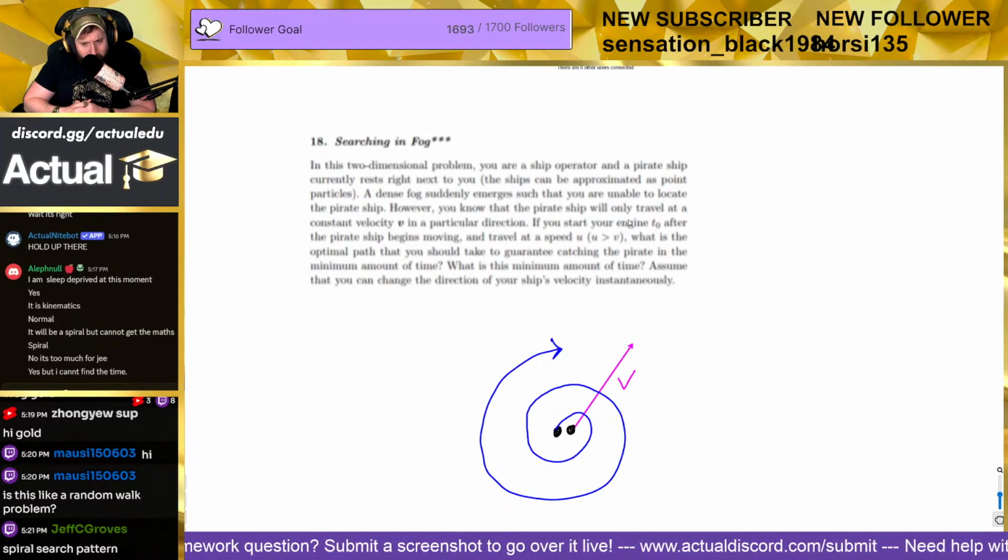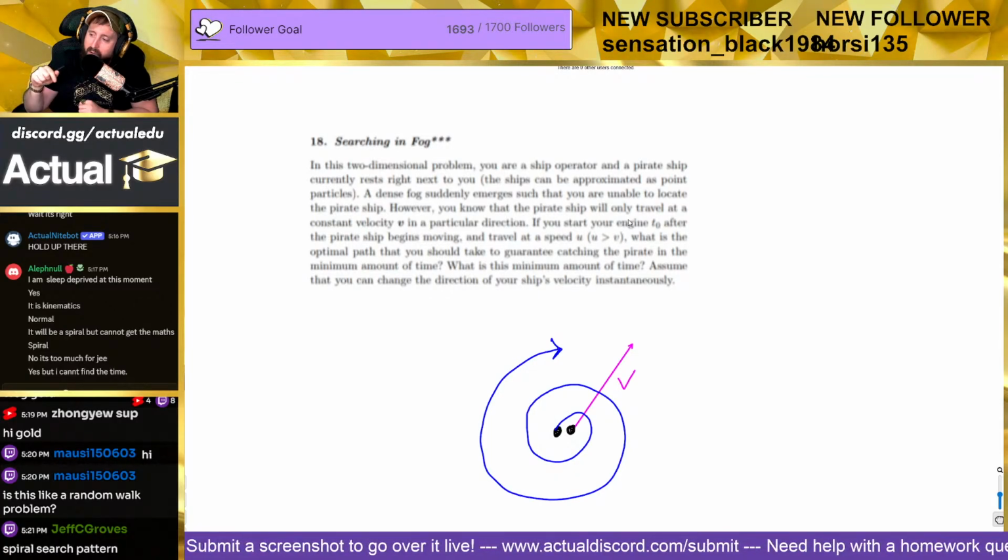But then you also want to... man, I see how this is a mindfuck, because you want to spin around quick enough so that you can identify what direction it is, but you don't want to do that so much that you don't catch it. So I think you want to be spiraling as fast as you can without losing the pirate. And so there's something with T naught.